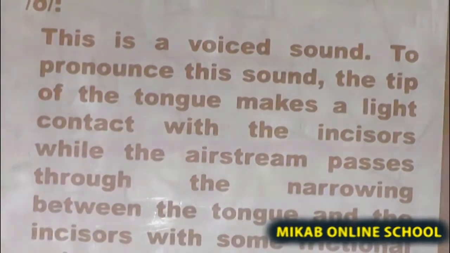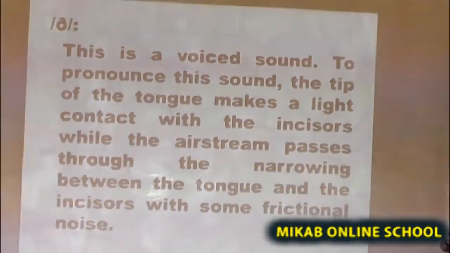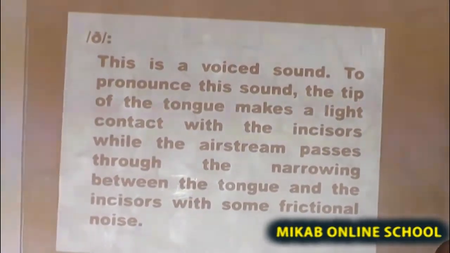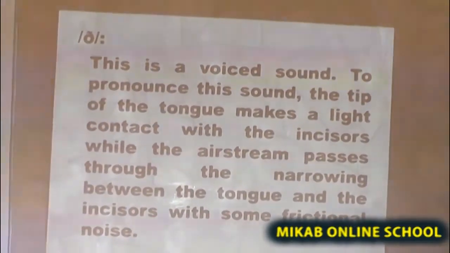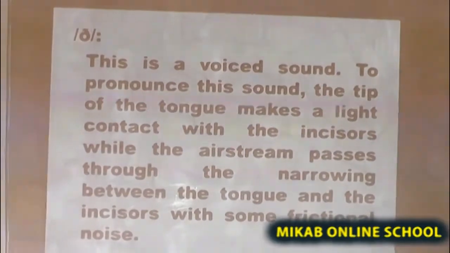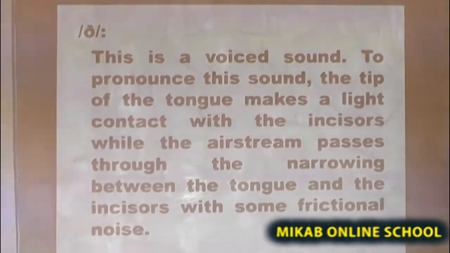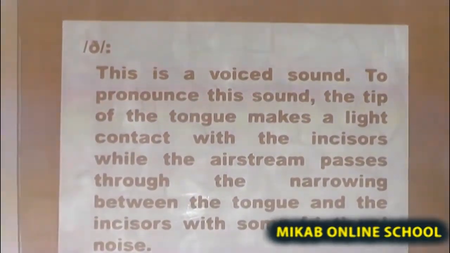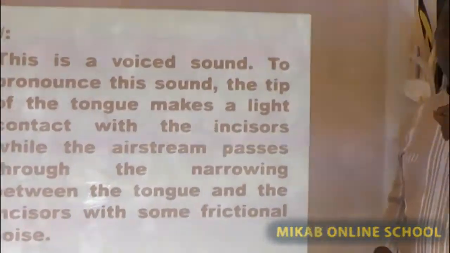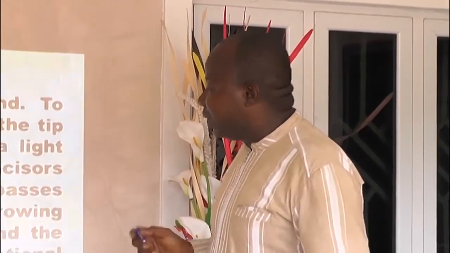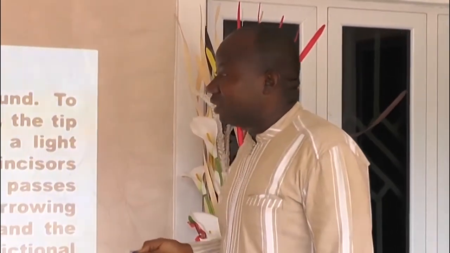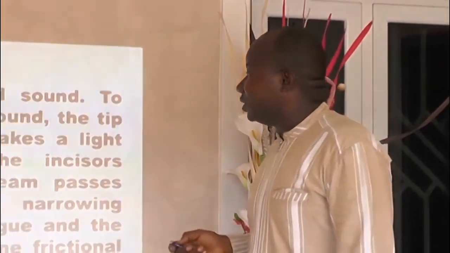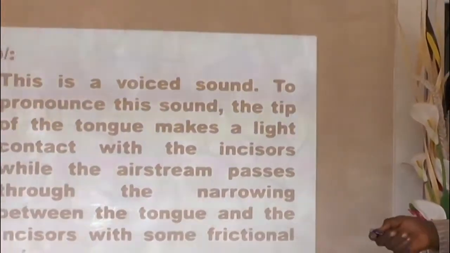Let's look at the next sound. This one is pronounced exactly the same way as the previous one. The incisors are in light contact with the tip of the tongue to produce this sound. But the major difference between this sound and the previous one is that this is a voiced sound.